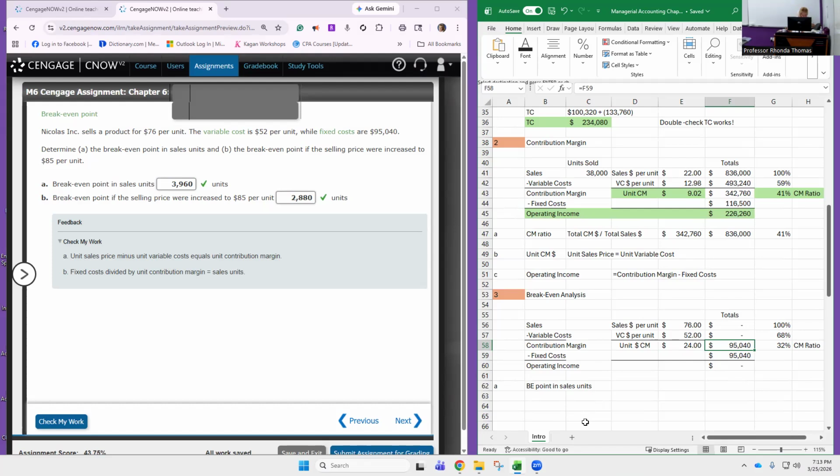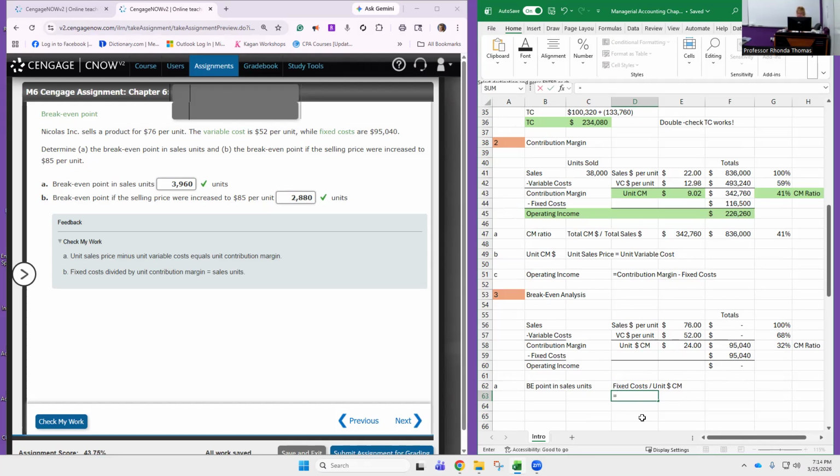In sales units, yep. So we're going to take those fixed costs and divide by the unit contribution margin. It's the dollar value. Fixed cost divided by unit contribution margin. Okay, so now I'm going to bring that down here.